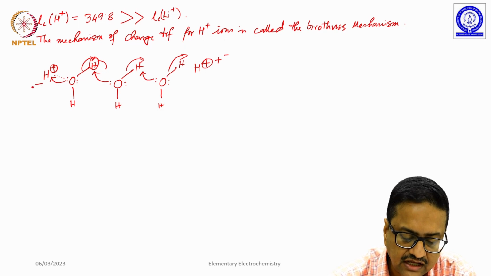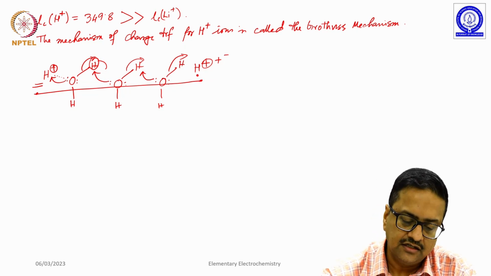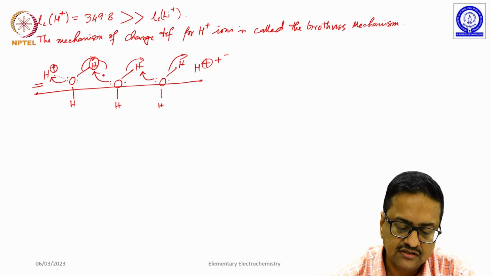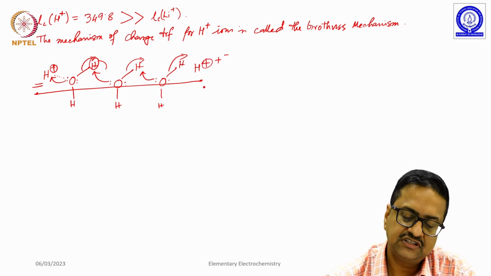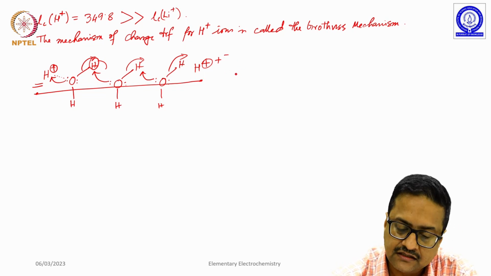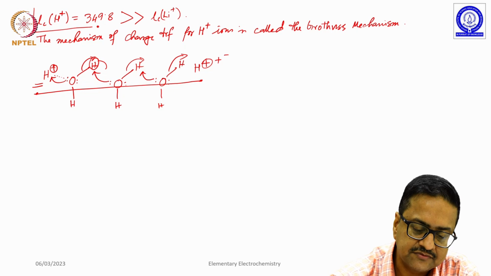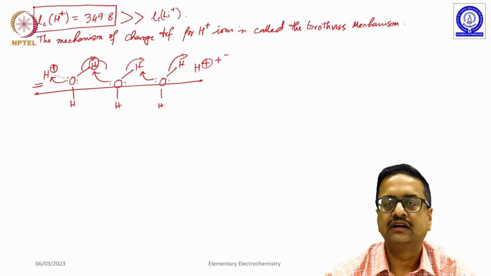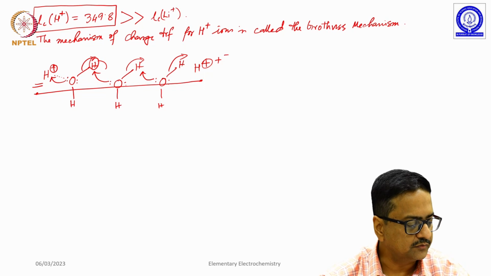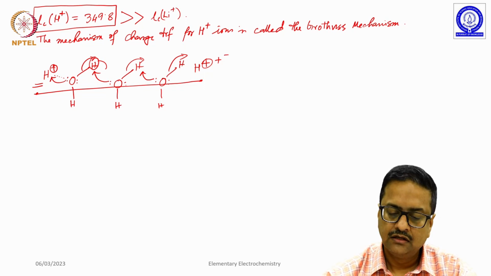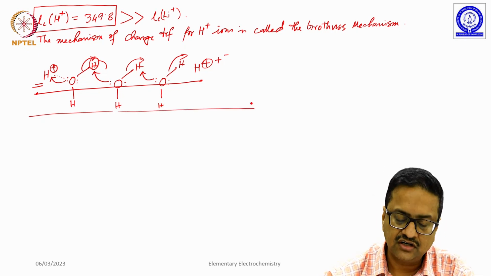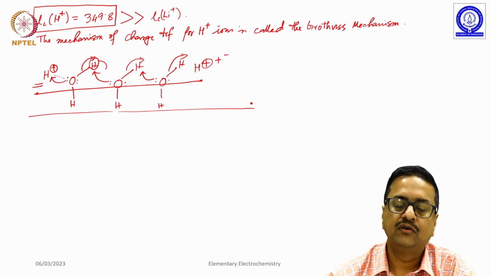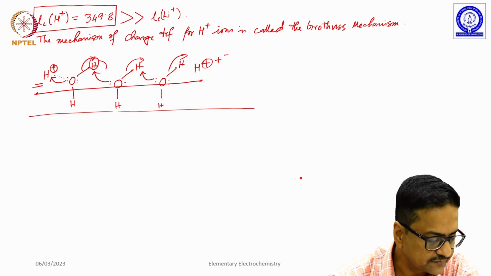So, instead of this H+ ion moving from this point to that point individually, this transfer mechanism of proton helps the H+ ion to conduct electricity much more efficiently, and that is why the Lc value for H+ is much higher compared to the other cations in the group. So, this mechanism is called Grotthuss mechanism, and this is possible only for H+ ions in water.